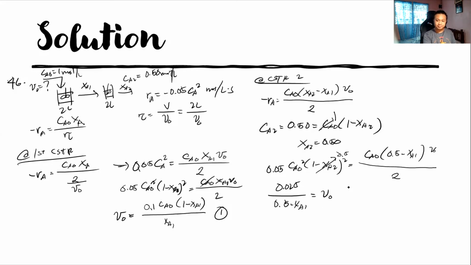is equal to VO. Yan. That's equation 2. So if you equate equation 1 and equation 2, you can get XA1, diba?